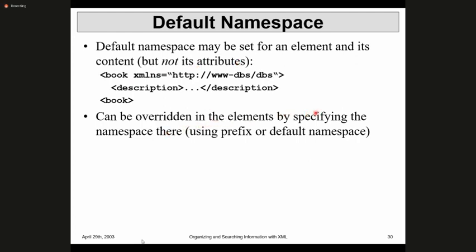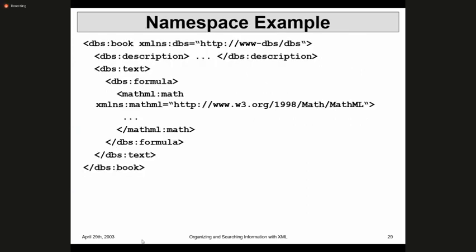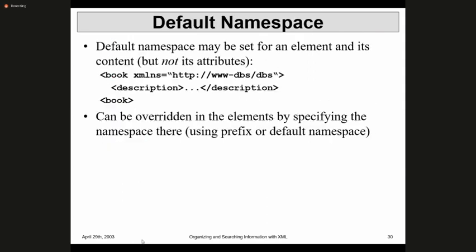It can be overwritten in the elements by specifying the namespace there. So you can override it. As an example here, the namespace for each and every element is DBS except for this MathML. When it comes to MathML, the XML namespace is MathML. That means the namespace is overridden in MathML. Otherwise, for everything else, the namespace is DBS.